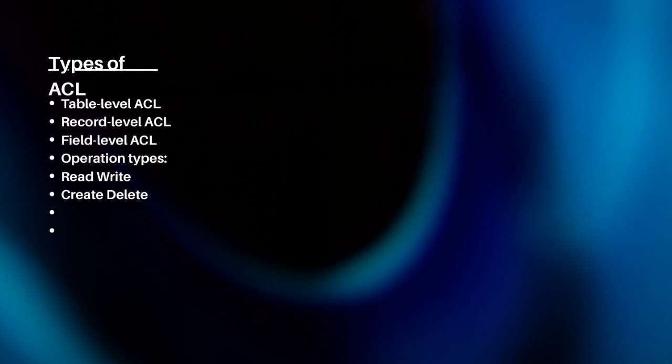When it comes to operations, ACLs generally specify what actions are allowed or denied. These include reading data, writing or modifying it, creating new records, or deleting existing ones. Each of these operation types can be controlled through different ACL configurations, depending on the level of security or flexibility needed.